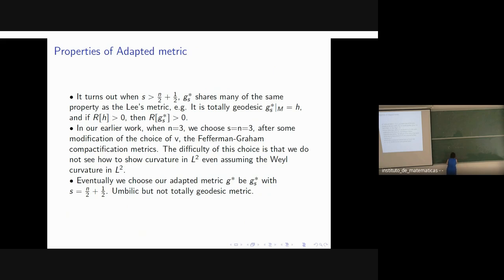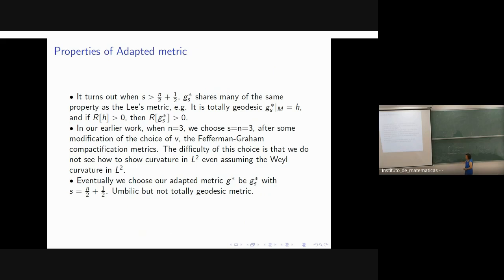It turns out that for S in the range from 1/2 plus 1 to infinity, say n plus 1, and subtract n, actually including n, if one understands that as the Yamabe Pollack-Graham metric, then this metric is totally geodesic. If the boundary scalar curvature is positive, that will imply the interior is positive.